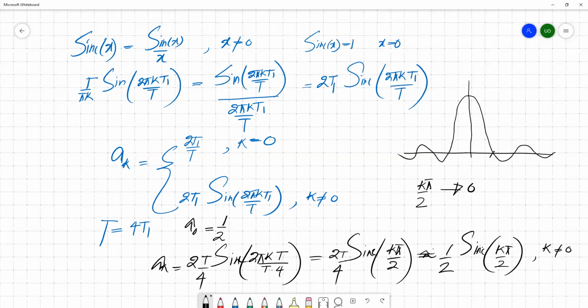So we know that this particular component is 0 when k equals 2, 4, 6, 8, similarly plus or minus.